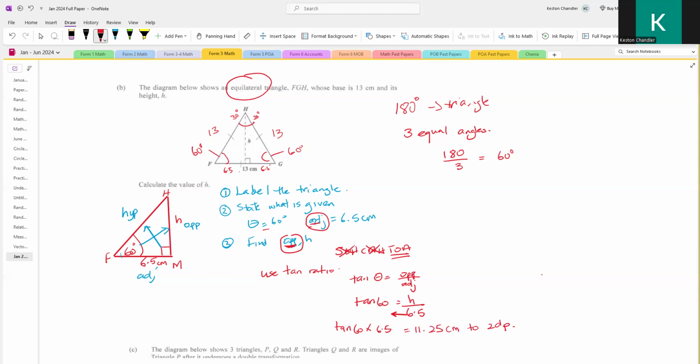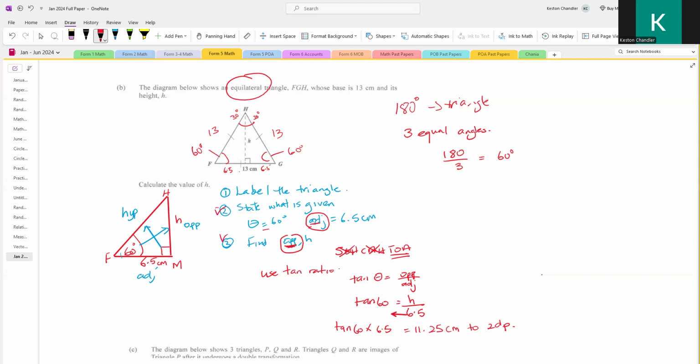Nice. All right, so remember those steps. If you practice doing it like this, any question they bring, it'll be easy for you to identify what sides you have and what you need to find. These two are the key to determining which one of these formulas you want to use. The sides that are given and the sides that you have to find help you determine which formula to use. Notice here that we know what the adjacent is, and we want to find the opposite.